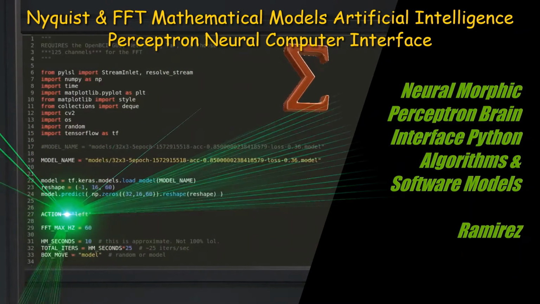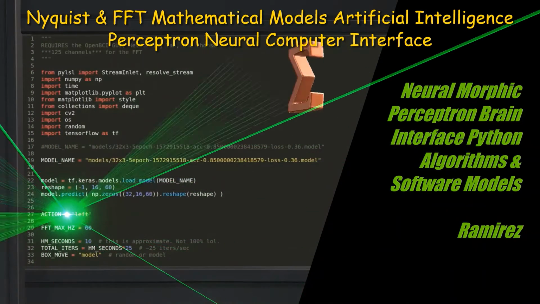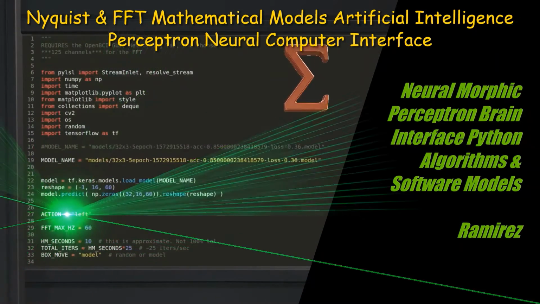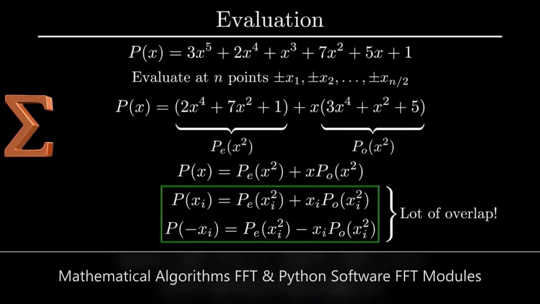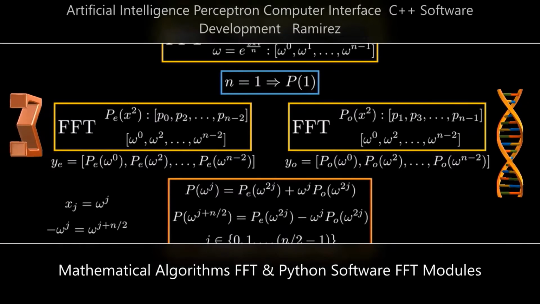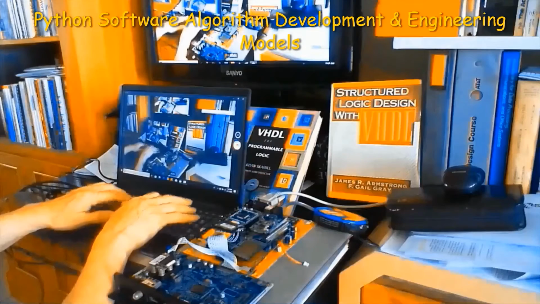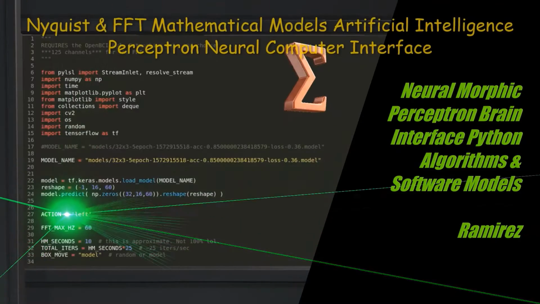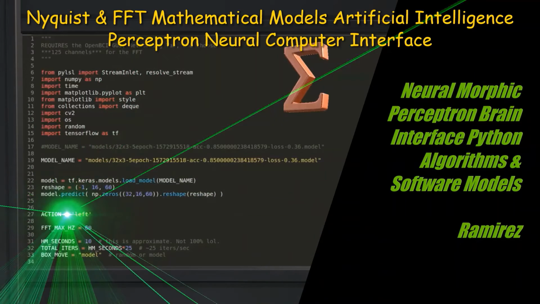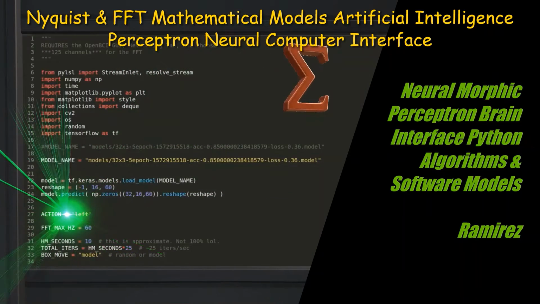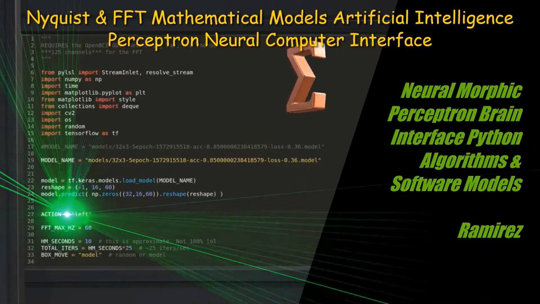As a result, it manages to reduce the complexity of computing the discrete Fourier transform from O of n squared, which arises if one simply applies the definition of DFT, to O of n log n, where n is the data size.